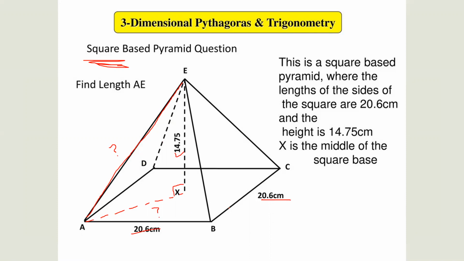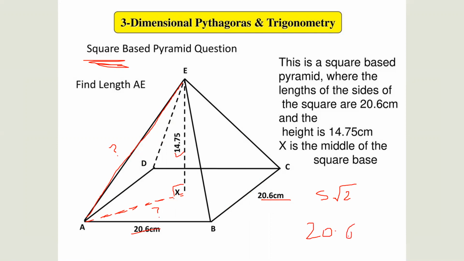To find the diagonal of the square, why will I find the diagonal of the square? Because this whole base length is half of the diagonal. The formula for a diagonal is side times root 2. The side of the square is 20.6, so 20.6 times root 2.